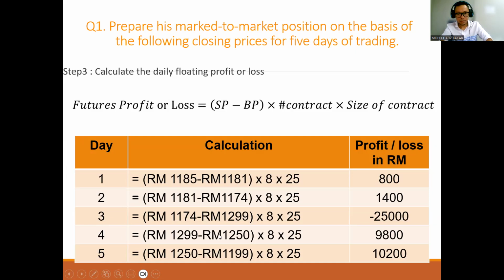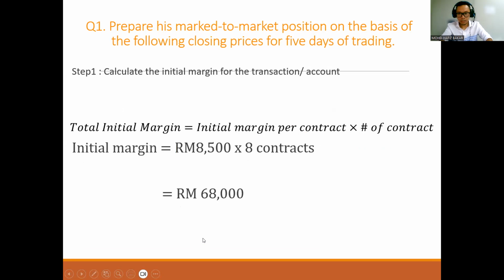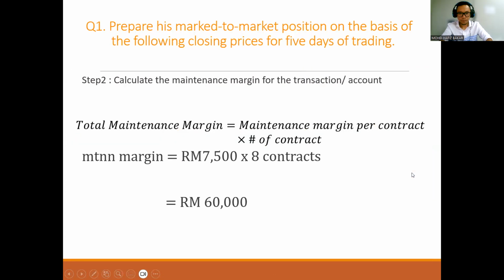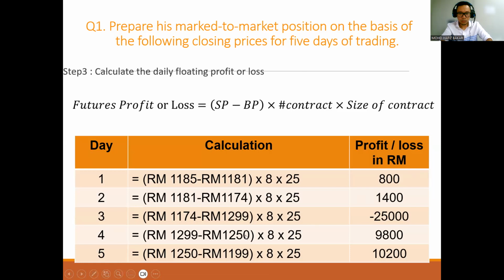Day 3 price minus day 4 price. 1299 minus 1250 times 8 times 25 equals 9,800. And then day 5, the day 4 price minus the day 5 price, times 8 times 25, so 10,200. So this is the profit and loss for each of the particular days.